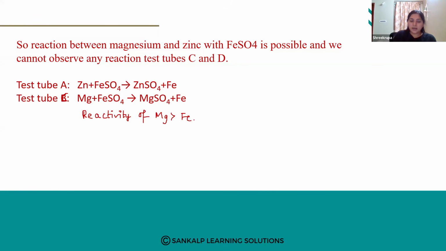Hence, Mg displaces iron from its compound. That is why we can observe the formation of MgSO4 and Fe. Elemental iron will be formed in this reaction.